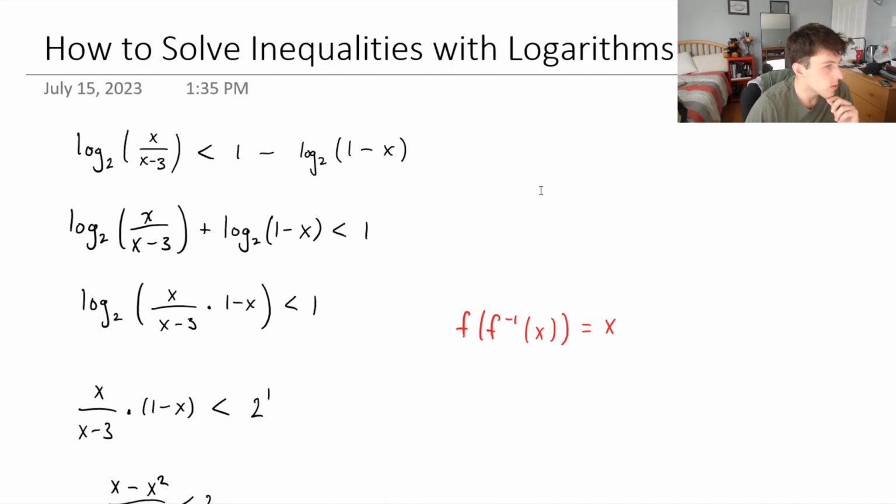So assuming that you've thought that through, what we have to consider is that the logarithms have a domain of themselves, right? So x over x minus 3 has to be greater than 0, and 1 minus x also has to be greater than 0. Because when we look back at the definition of logarithms, something to the exponent of a number is never going to be negative, right?